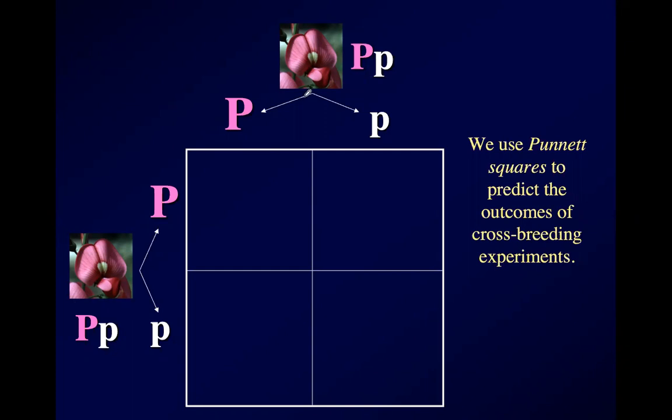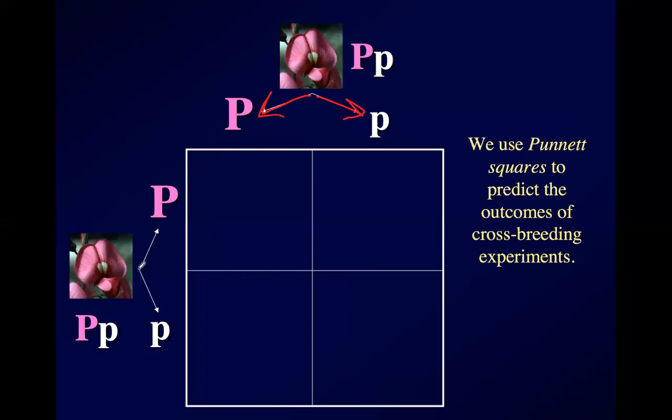Each parent passes on either its capital P or its lowercase p to each of its offspring, never both. And so up here, this pea plant's alleles, it can pass on either capital P or it can pass on lowercase p, and we put those two possibilities at the tops of the columns.